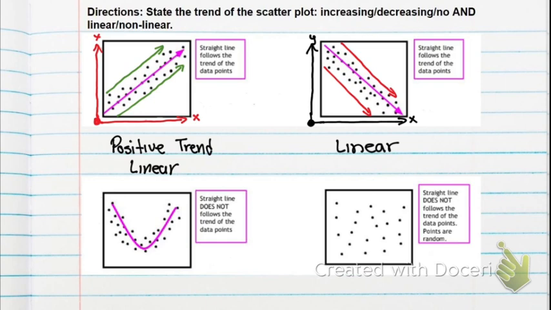Because we're starting high and ending low, what it shows is that my x values are increasing, but my y values are going down. So that means they're doing opposite things. Because they're doing opposite things, what we have is a negative or decreasing trend.